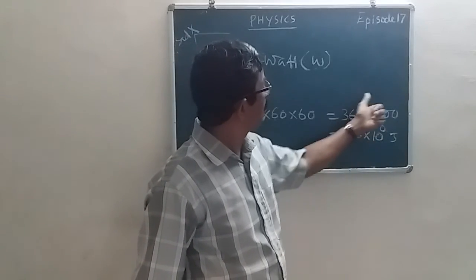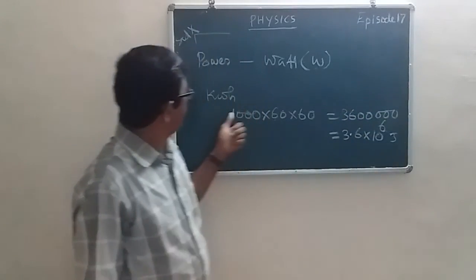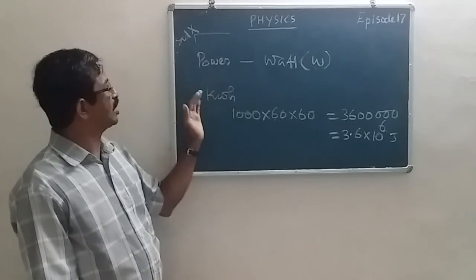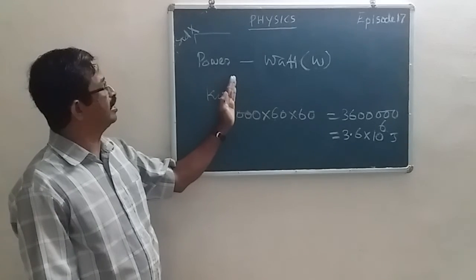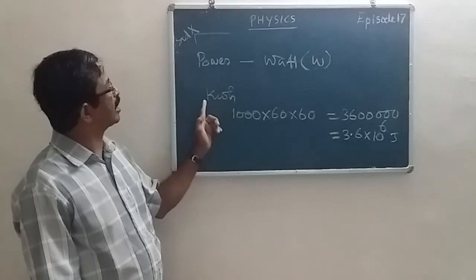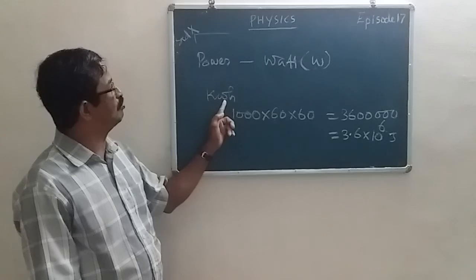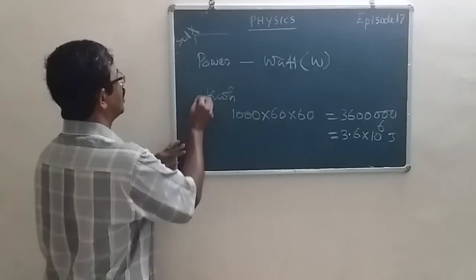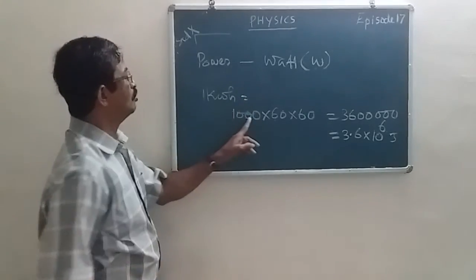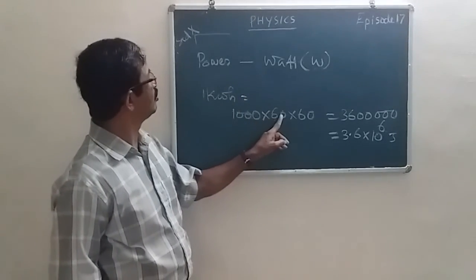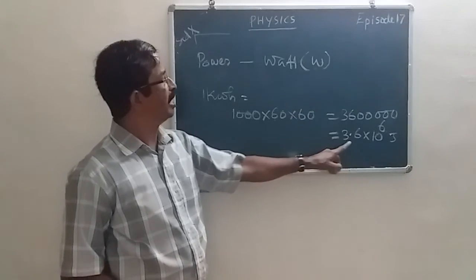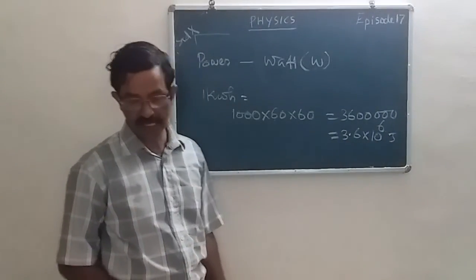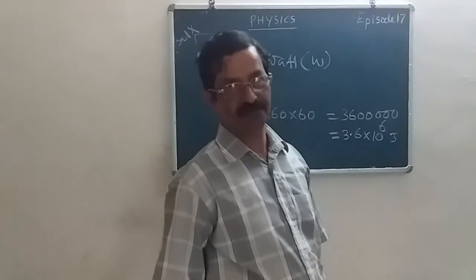See, when we calculate electrical energy supplied, in which unit? Kilowatt hour, which is the commercial unit, and 1 kilowatt hour is equal to 1000 watts into 60 into 60 seconds, which gives us 3.6 into 10 raised to 6 joule.